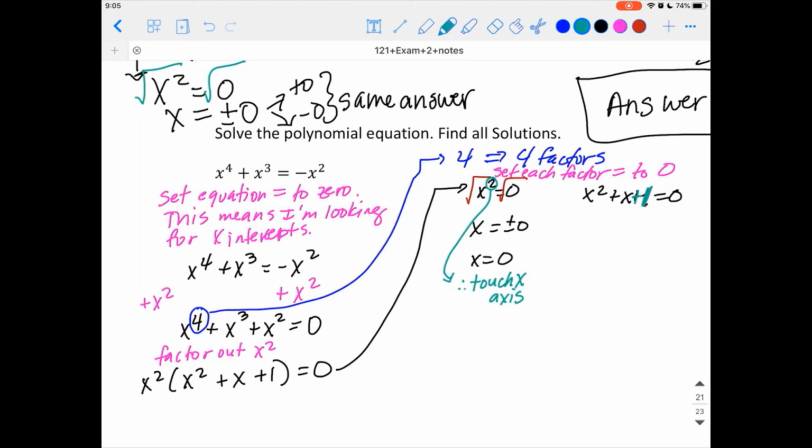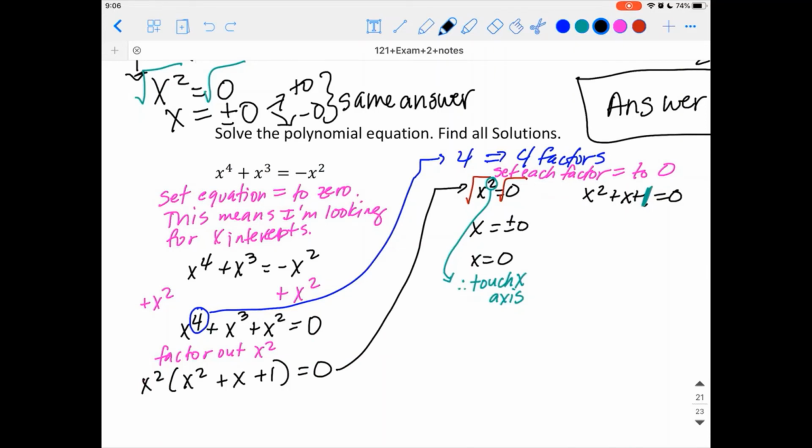So again, we can use the quadratic formula, or we can complete the square. On this one, I'm going to complete the square just because we probably need practice on it.